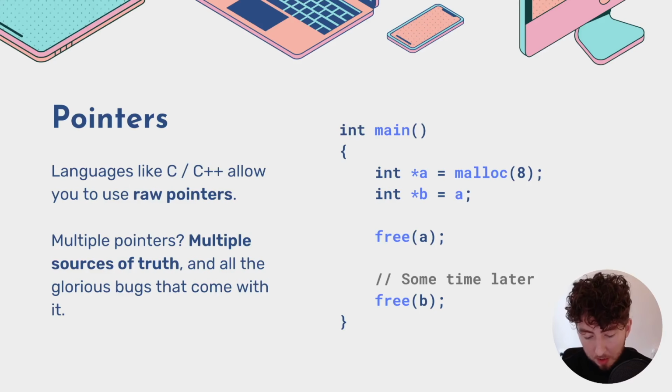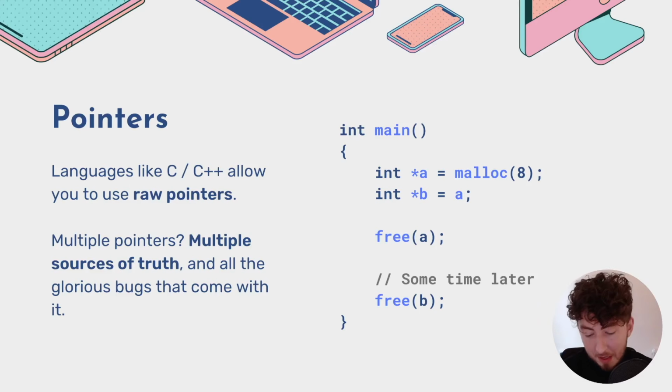But I just want to point out that languages like C and C++ allow you to use raw pointers, right? Which are just unsigned integers that point to an address in memory. And you might not have thought about this before, but as soon as you have multiple pointers to the same data, you have multiple sources of truth.